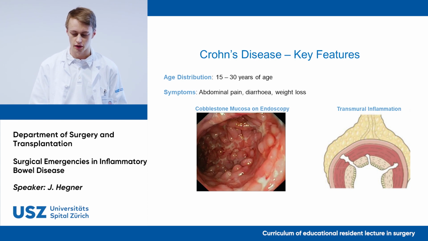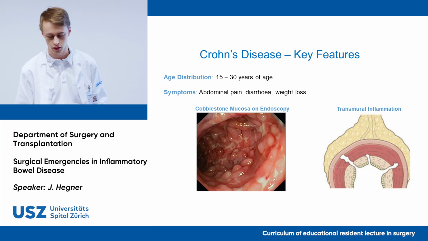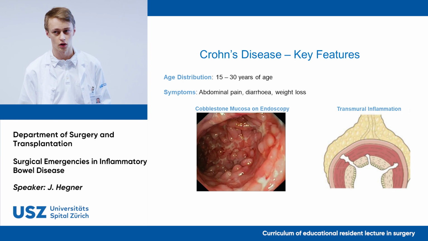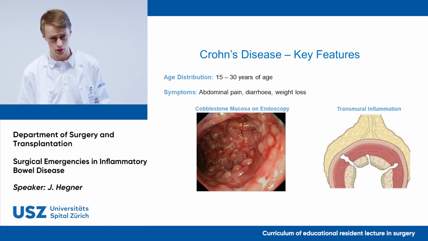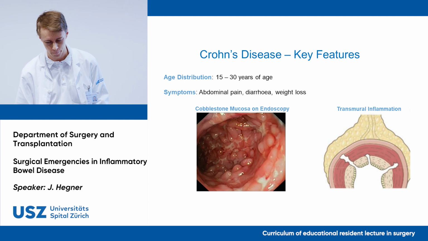The disease will involve the full thickness of the bowel wall. Typical symptoms will include right-sided abdominal pain, diarrhea, and weight loss. The gold standard to diagnose Crohn's is endoscopic visualization, where we will see focal ulceration and nodular mucosal changes that will result in a cobblestone-like appearance in the mucosa.